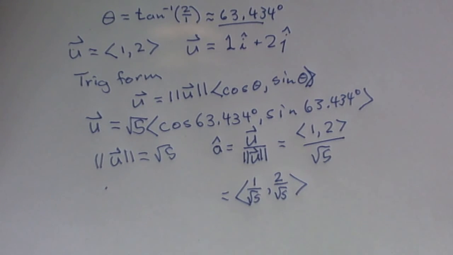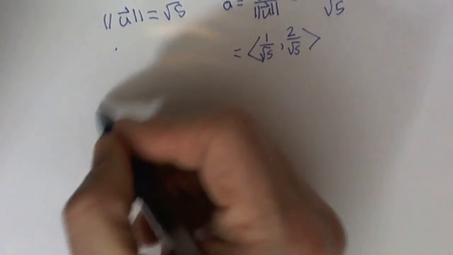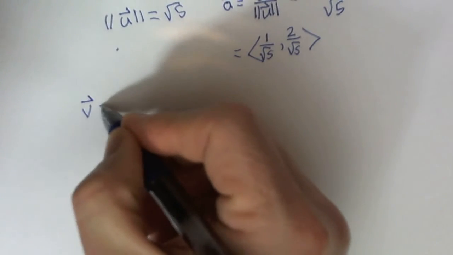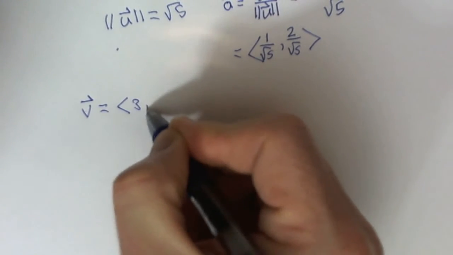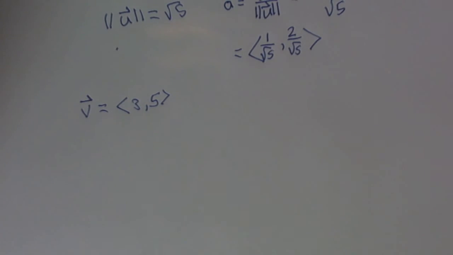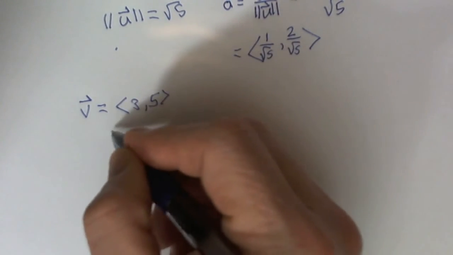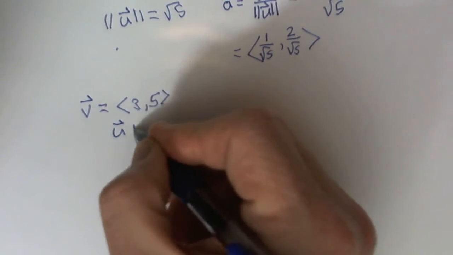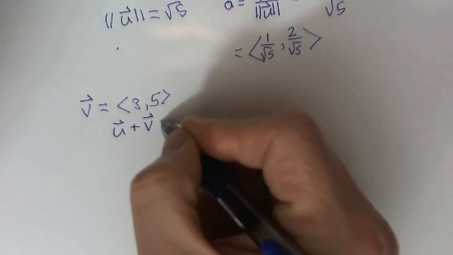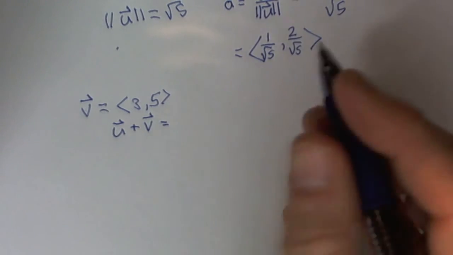Now, let's suppose we had another vector, and we'll call this vector v, and let's suppose this vector is 3, 5, something like that. And let's suppose I want to add u to v. We can add vectors too.